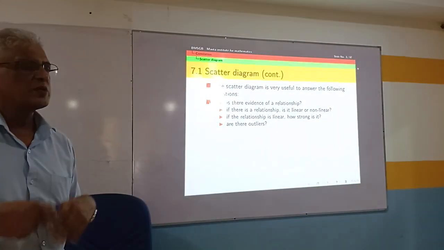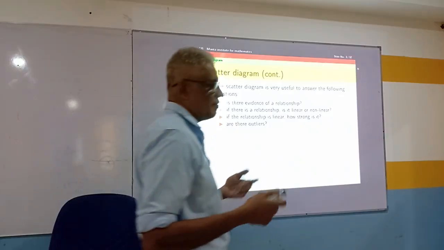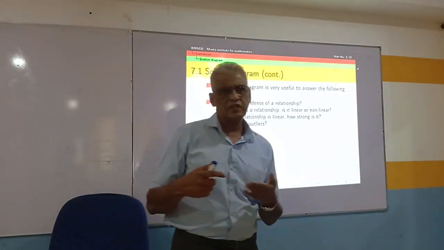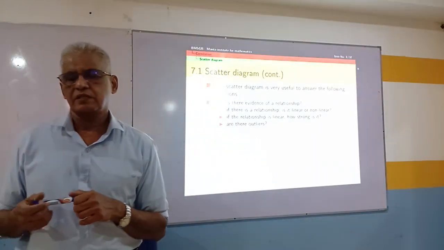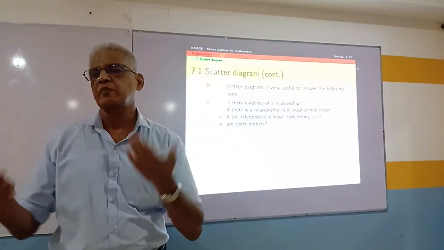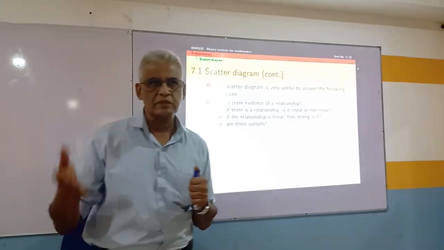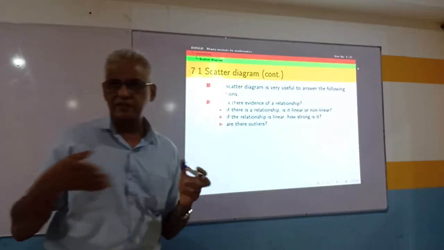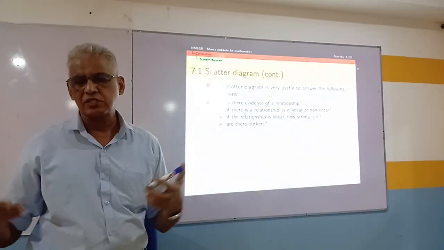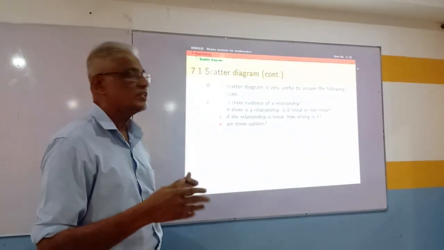Using a scatter diagram, you can answer this kind of question: is there evidence of a relationship? What do you mean by relationship? If there is some kind of pattern that you can see, then that is evidence of some relationship. You can easily see whether there is any pattern visible in the scatter diagram or whether there is no pattern.